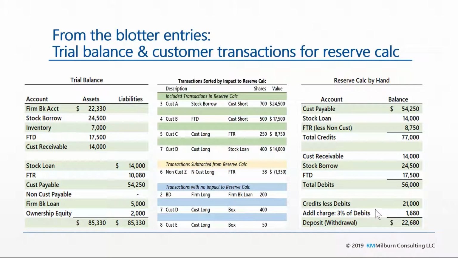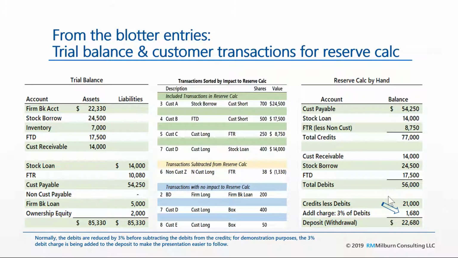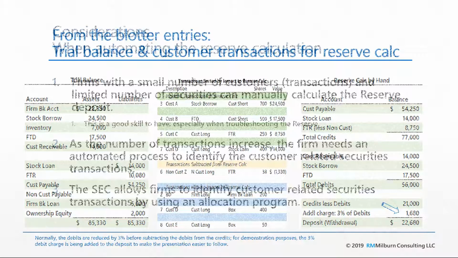Now, normally the way that's recorded is you would subtract off 3% from the debits and then subtract that amount from the credits. We've done it this way to make it just a little bit easier to demonstrate the transactions and how we're going to produce an automated reserve calc, so that it's just easier to follow.